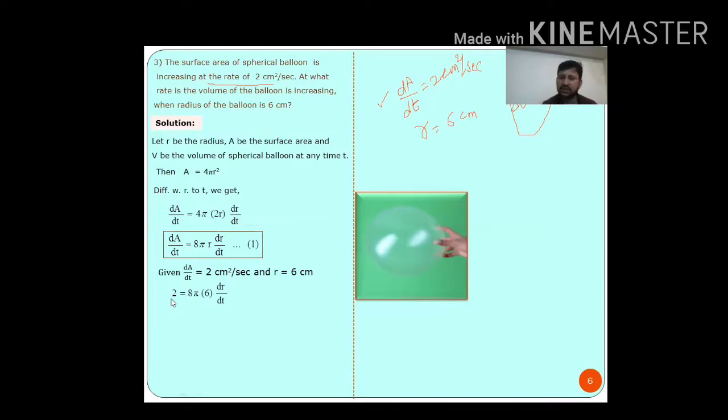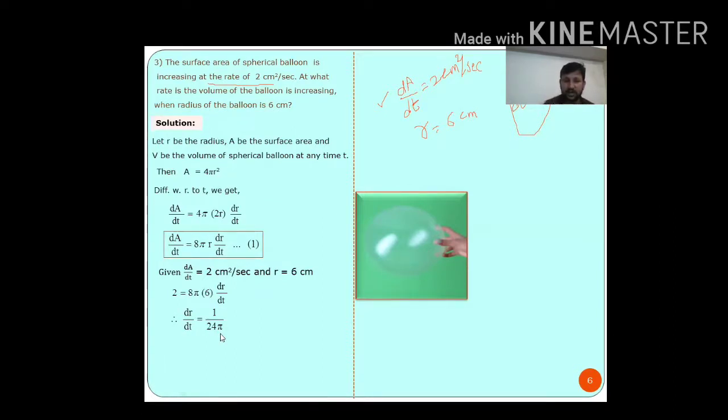Check how much is obtained. 2 divided by 48 pi. Yes, correct answer, you have given 1 by 24 pi. Intelligent students. dr by dt is 1 by 24 pi. This is obtained dr by dt.